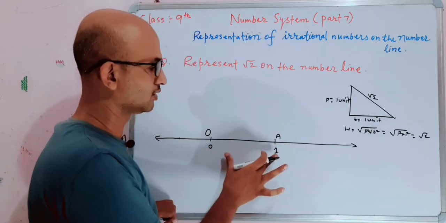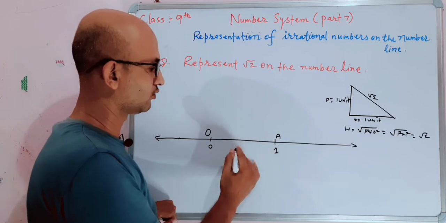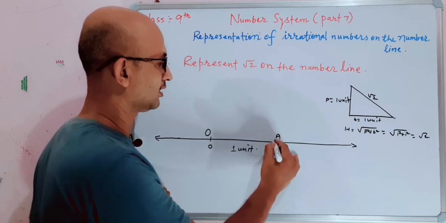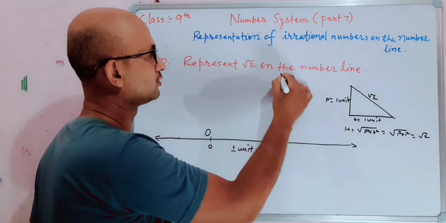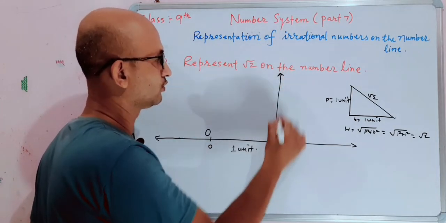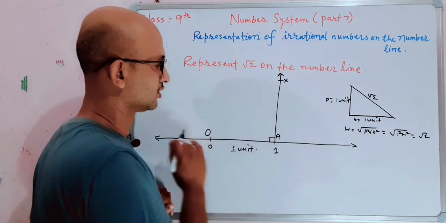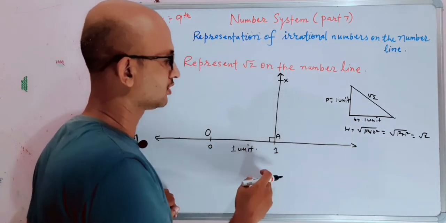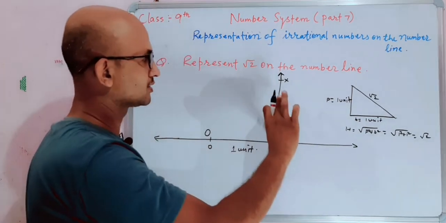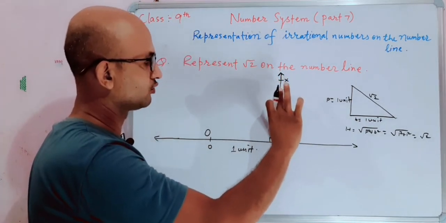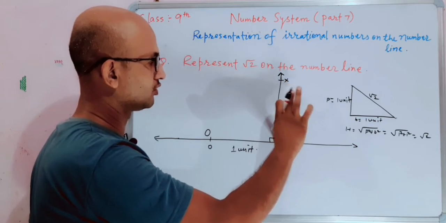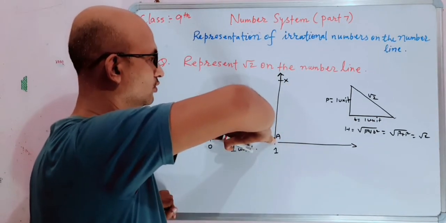Therefore, OA represents 1 unit. At A, we draw a perpendicular line AX on this number line using protractor or compass. Now from this perpendicular AX, we cut off AB equal to 1 unit, which is equal to OA.